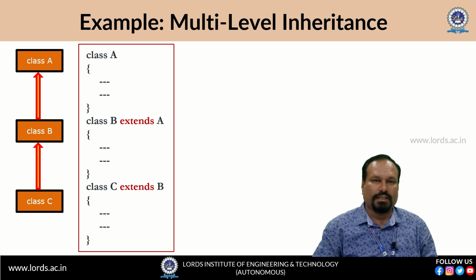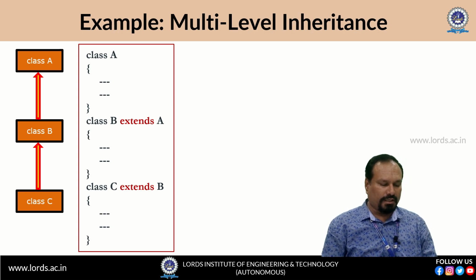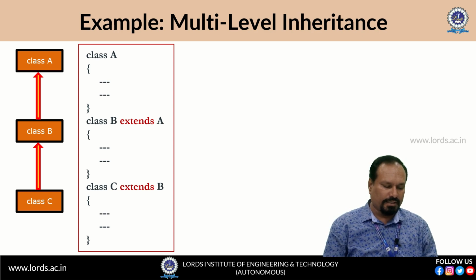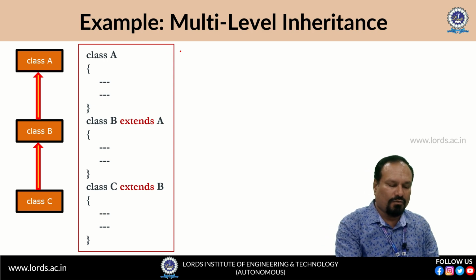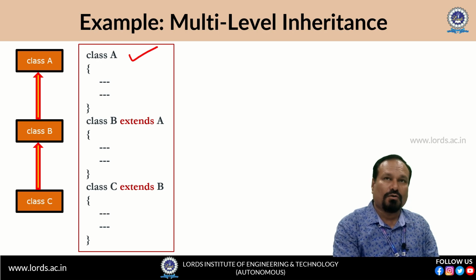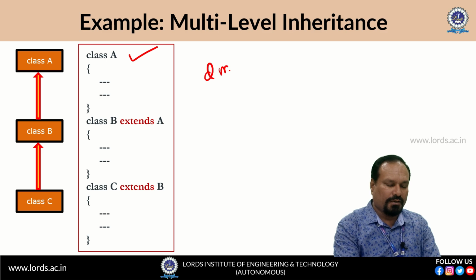Let us see the next type, multi-level inheritance. Here you have three classes: class A, class B and class C. From class A, class B is derived, and from class B, class C is derived. How do we perform this inheritance? We have class A with its data members and methods.